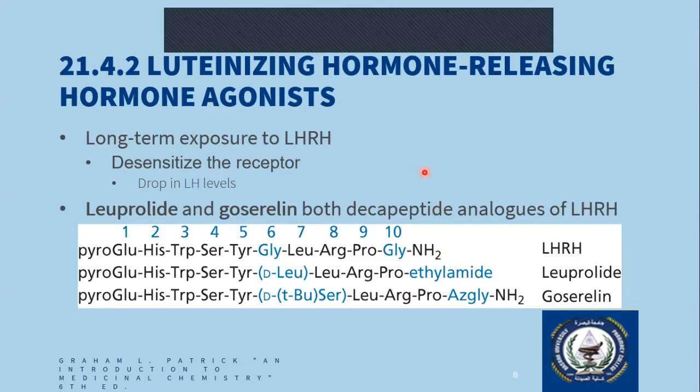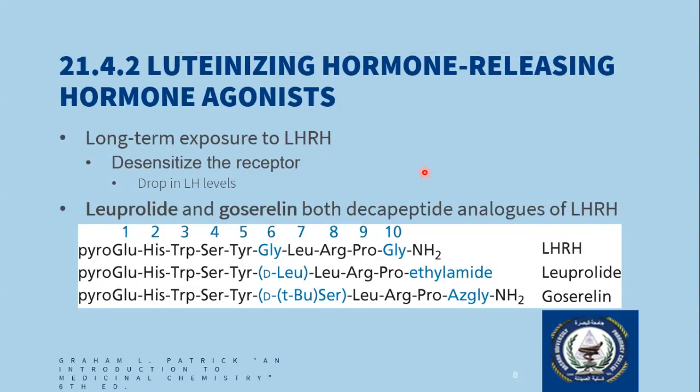All right. Other examples of medications used for cancer treatment that are related to hormones are the luteinizing hormone releasing hormone agonists. Okay, so we have the luteinizing hormone and we have the luteinizing hormone releasing hormone, LHRH, or sometimes they call it the gonadotropin releasing hormone.